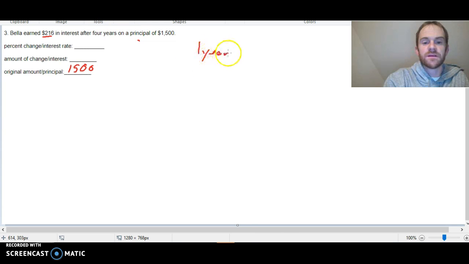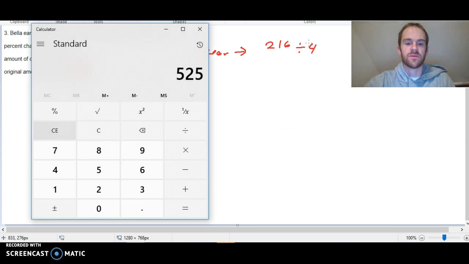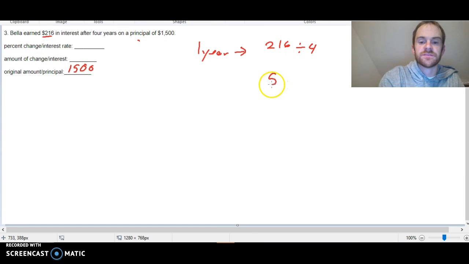So 1 year of interest, I will find by taking 216 divided by 4. And that tells me how much I earn in 1 year. The equation I'm going to use is based upon 1 year worth of interest. So let me pull up my calculator. We've got 216 divided by 4, $54. So that means in 1 year, she earns $54 worth of interest.